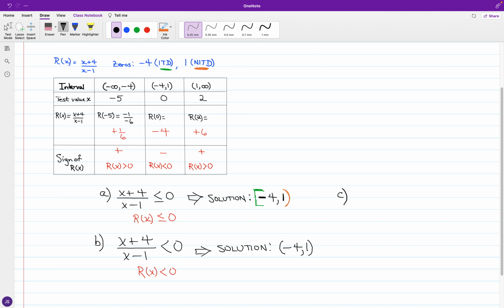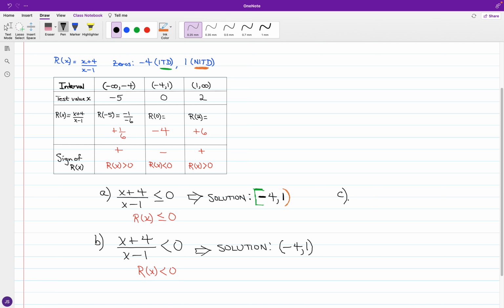Now, for what we have in the case of part C, we have going in the other direction. So you have x plus 4 over x minus 1 is greater than or equal to 0.